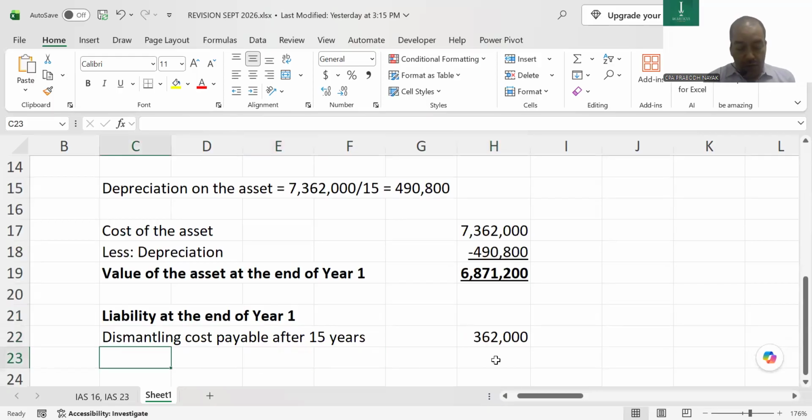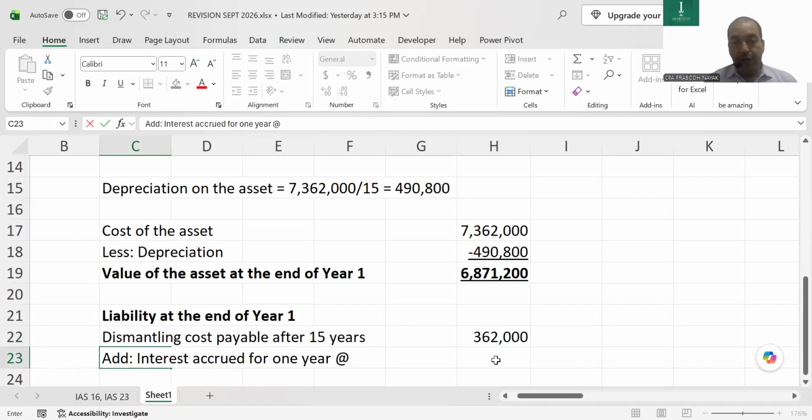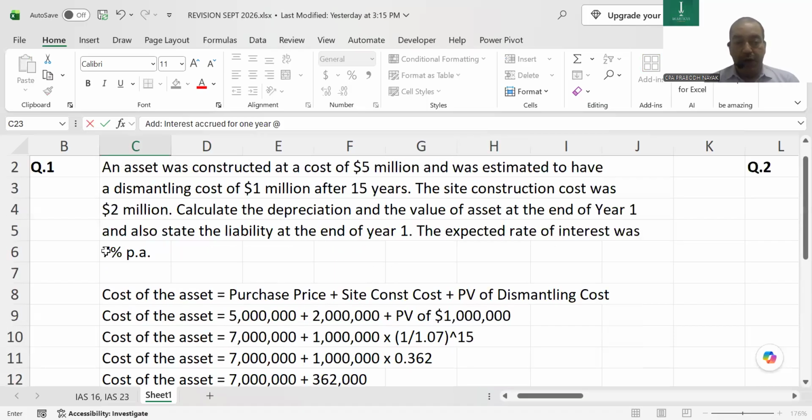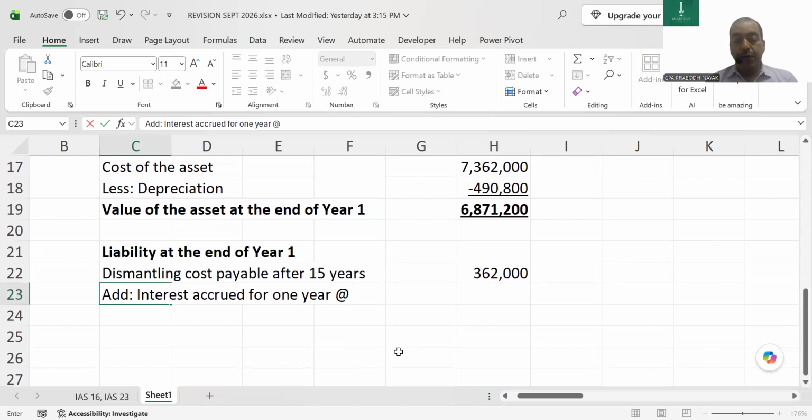But then we'll add the interest accrued. Interest accrued for 1 year at the rate of 7%. We discounted at the rate of 7%, isn't it? So since we discounted at the rate of 7%, now the rate of interest will also be 7%.